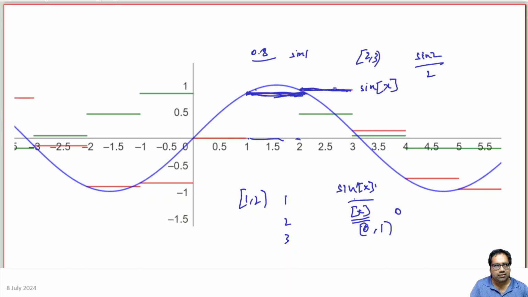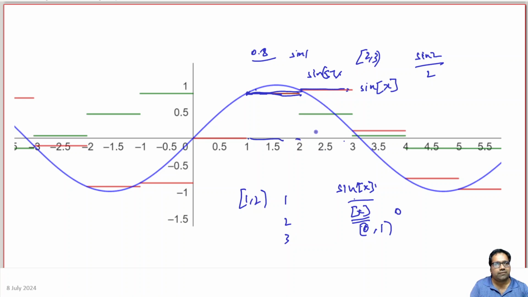The earlier red line between 1 and 2 is this point extended from 1 to 2. Between 2 and 3, this point. Sine 2 is sine of 2 times 57 degrees, since one radian is roughly 57 degrees. This is roughly 0.9.